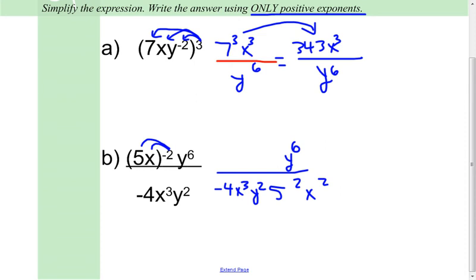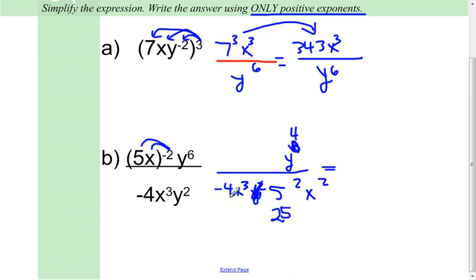Now let's see what kind of simplifying we can do. Well, I've got 6 y's up top and 2 y's down below. I can cancel these out. 2 of you, gone. 2 of you, gone. So that gives me y to the fourth up top. And then we've just got a bunch of junk down here to simplify. 5 squared is 25.